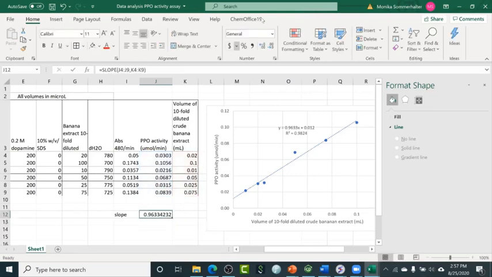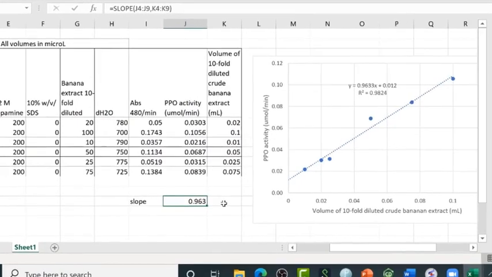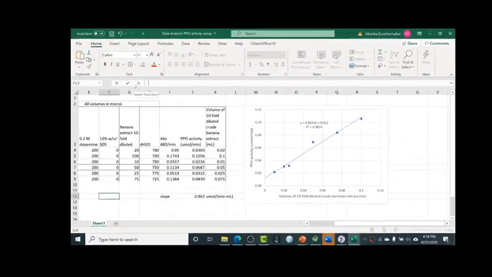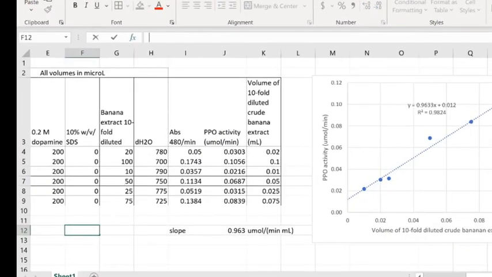With respect to the number of significant digits, I'm going to trim it all the way down to displaying 3, but only 2 at most would be significant. And the units of the slope will be micromole over minute per milliliter. So this data was collected with the 10-fold diluted extract.